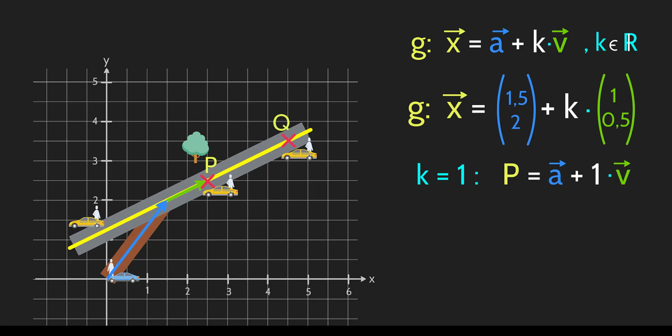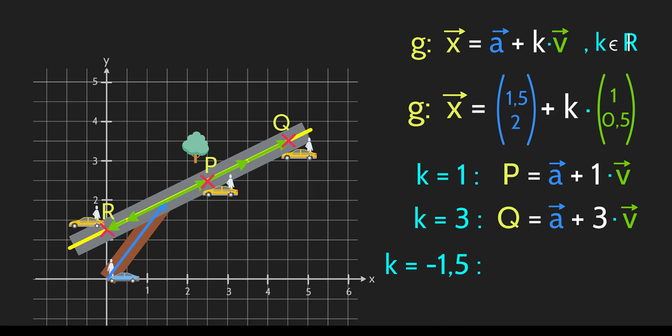To reach point Q, we have to travel 3 times the distance from the driveway. Hence we have to insert the value 3 for k in the equation. And to get to point R, we have to travel 1.5 times the distance to the tree, but in the opposite direction. This means that we reach the point R by inserting minus 1.5 for k into the straight line equation.